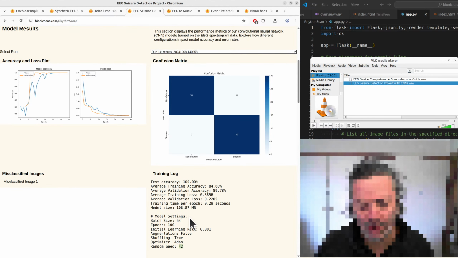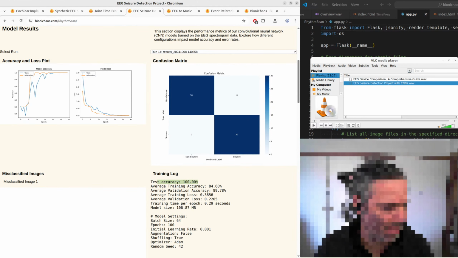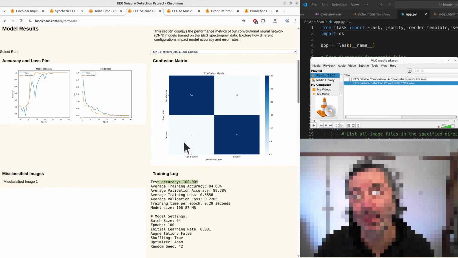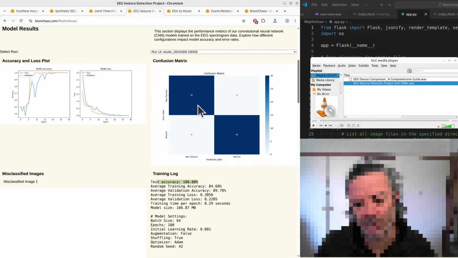Well, we added that setting and got the test accuracy of 100%. So no false alarms, no misses. That means no type 1 or type 2 errors. Also means no false positives and no false negatives, only true results.